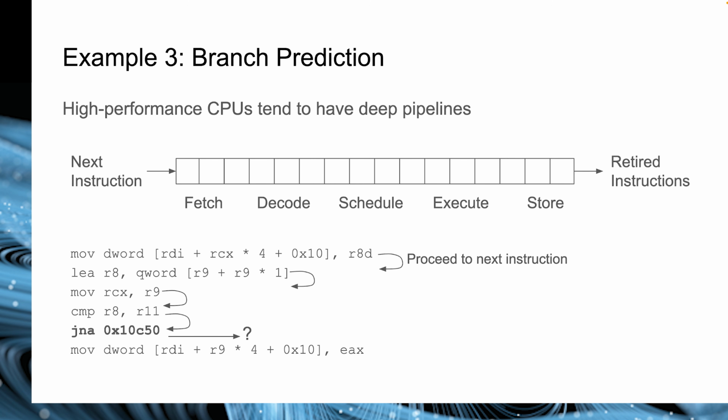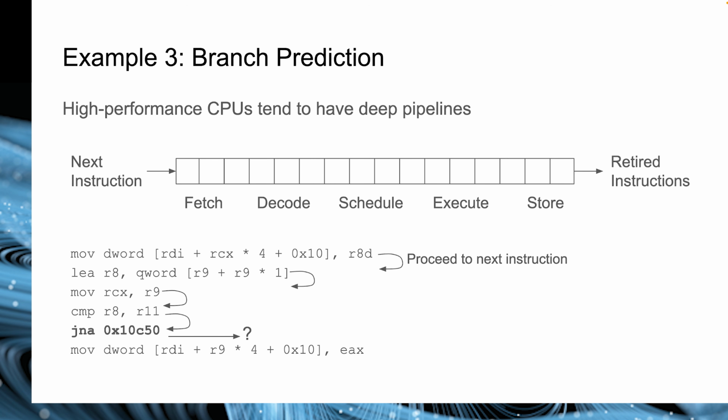But to make things appear fast, this multi-step execution is done in a pipeline. And so if we can keep the pipeline full, then on average, we'll be completing an instruction every clock cycle out of the end of the pipeline. Or in the superscalar case, if we're lucky, maybe multiple instructions per clock cycle out of the end of the pipeline.